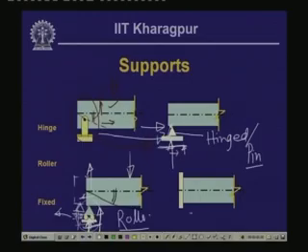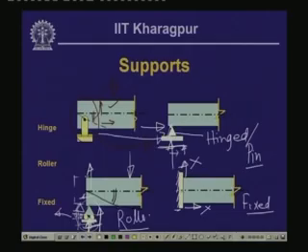Now, this is a kind of support which we call a fixed support. This particular end of the beam is fixed at this point. The meaning of this fixity is that this point cannot have any displacement in the horizontal direction, or in the vertical direction.